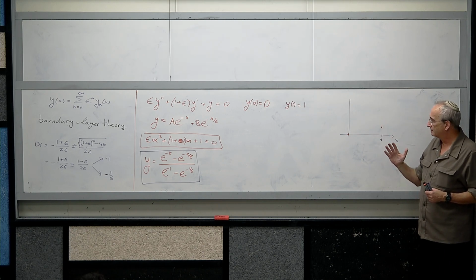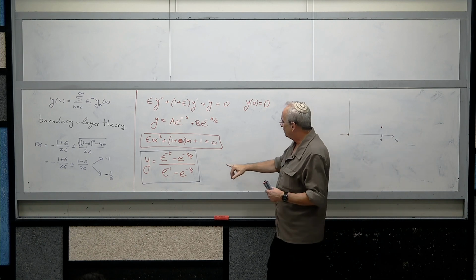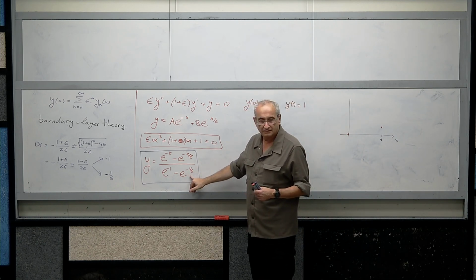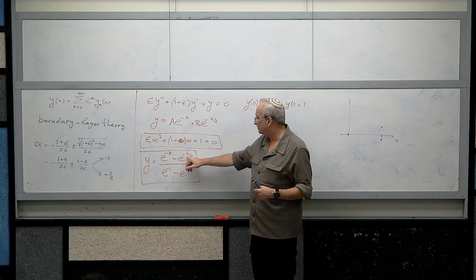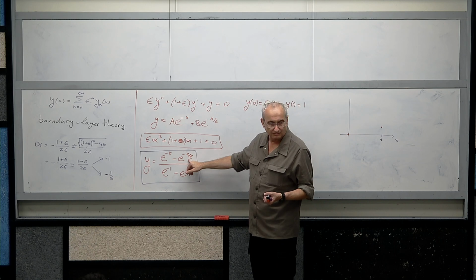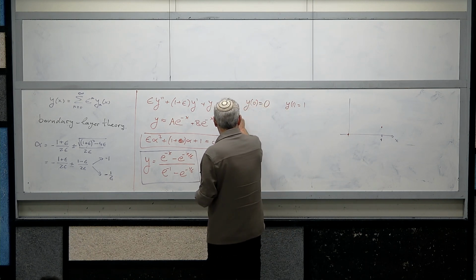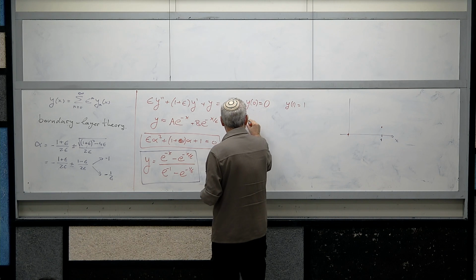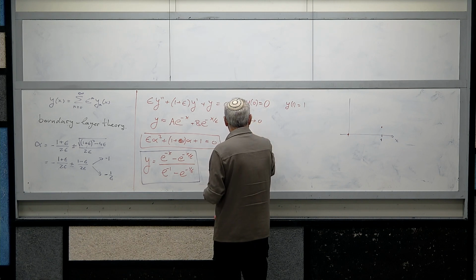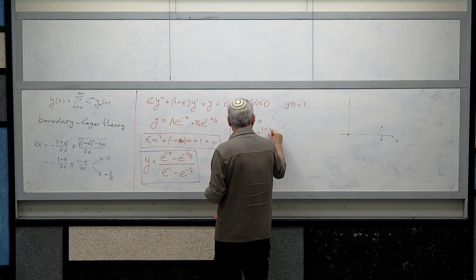What does that mean? If epsilon goes to 0, what is e to the minus 1 over epsilon? 0. What is e to the minus x over epsilon? 0. Okay? So as epsilon goes to 0, apparently I can say that y is e to the 1 minus x.